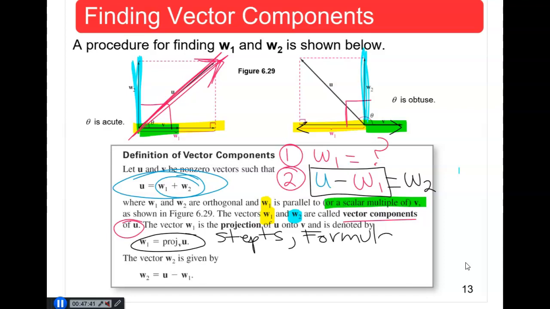And then once we have found the first vector component, we will find the difference of vector u minus the one that we found, and that's how we will find the second vector. And so that guarantees us that w sub 1 and w sub 2 will be orthogonal.